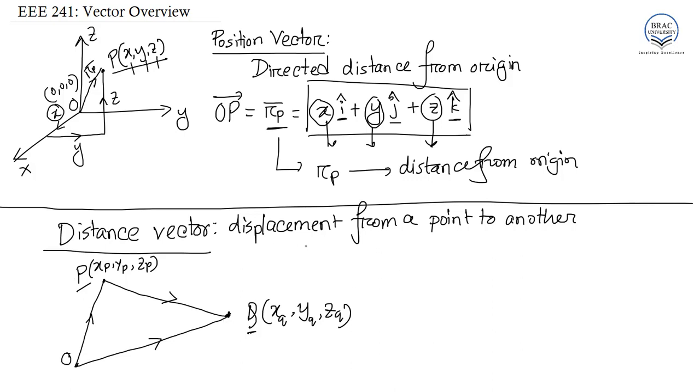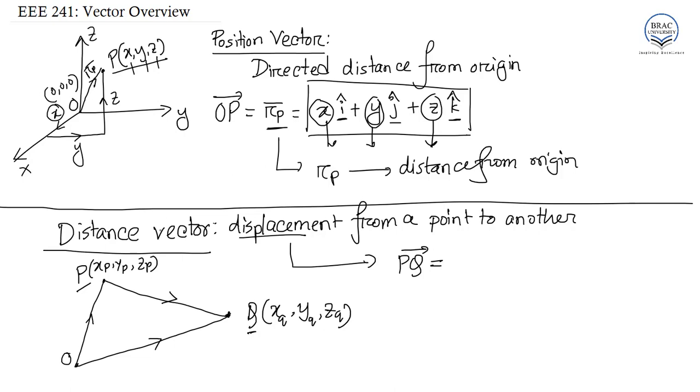So obviously the displacement vector will be PQ vector, right? So if you were supposed to take the magnitude of PQ vector, that will just denote the distance between P and Q, right? There is a way to calculate this distance, however.